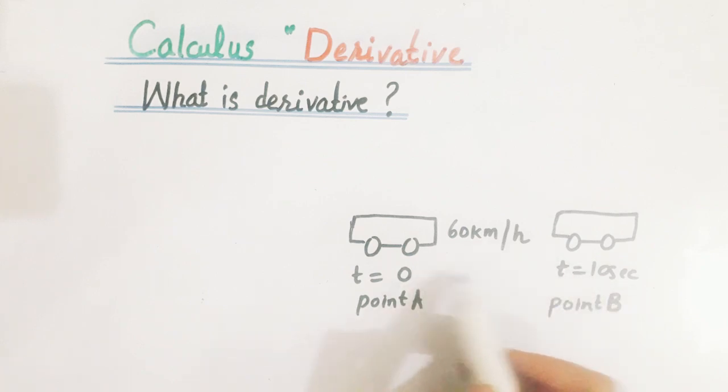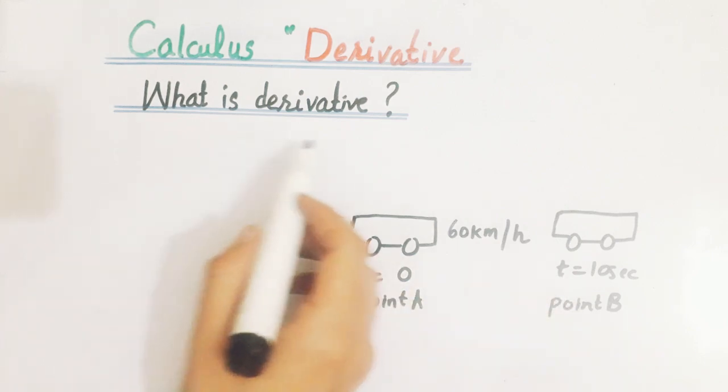So this is the rate of change of position with respect to time. So this is called derivative.